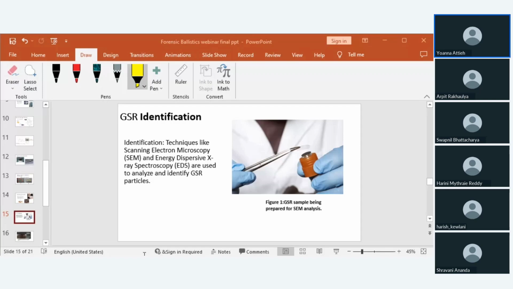As you can see in figure 1, the Phenom XL system is one of the most advanced tools for SEM and EDS analysis in the context of GSR testing, guys. This system is a compact desktop SEM system that integrates multiple imaging functions into a user-friendly interface. It boasts the largest sample capacity of any desktop, allowing up to 35 half-inch aluminum stubs to be analyzed at once.